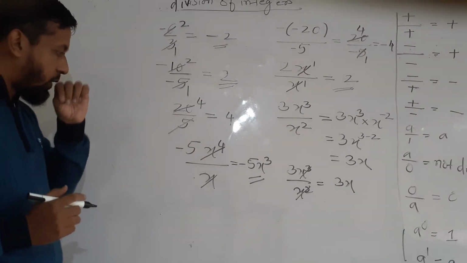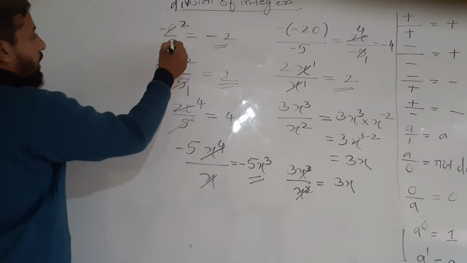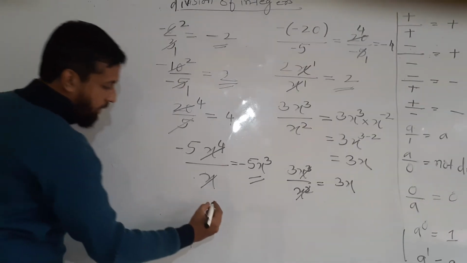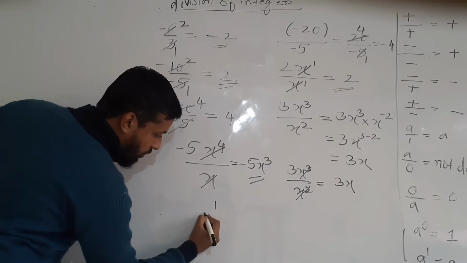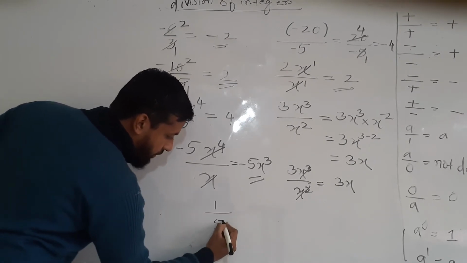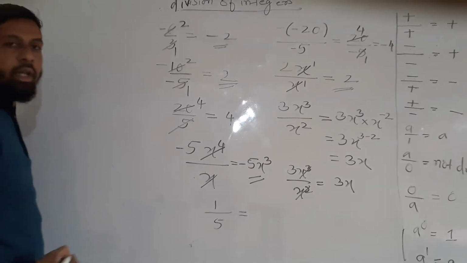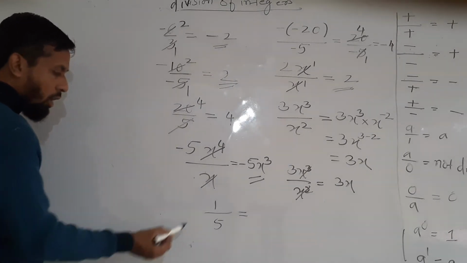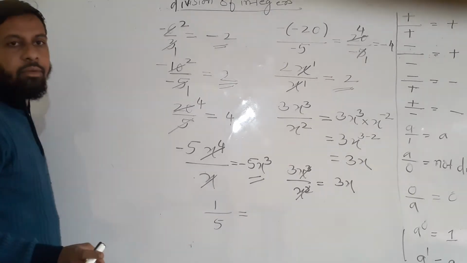One more thing we will learn today. Here you can see 5 ones are 5, 5 twos are 10, directly cancelled. Sometimes it will be like this. 1 divided by 5. Now, 1 is not a multiple of 5.